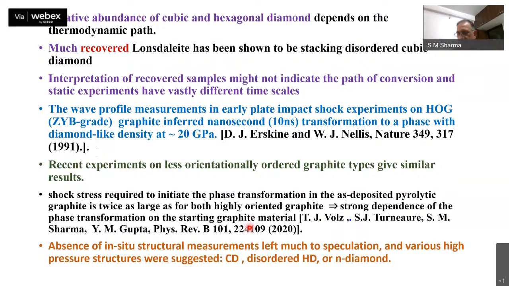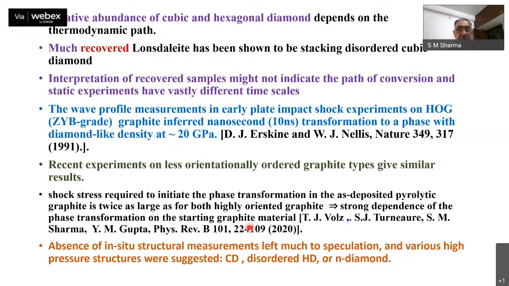There has also been another aspect to look into, lonsdaleite, in which naturally observed lonsdaleite from the meteoritic sites was analyzed with the help of TEM and other studies to conclude that what we are terming hexagonal diamond and lonsdaleite is actually cubic diamond with a large amount of disorder.